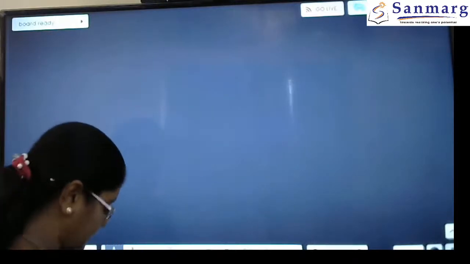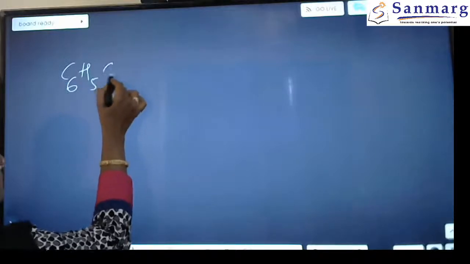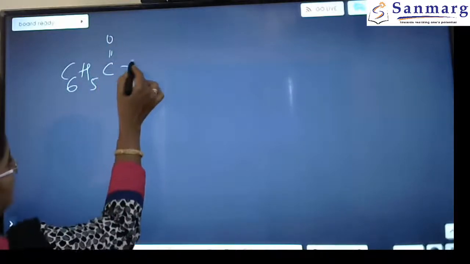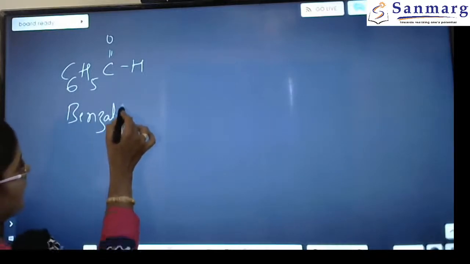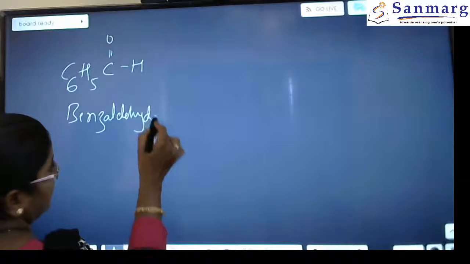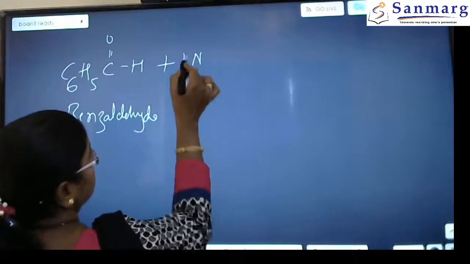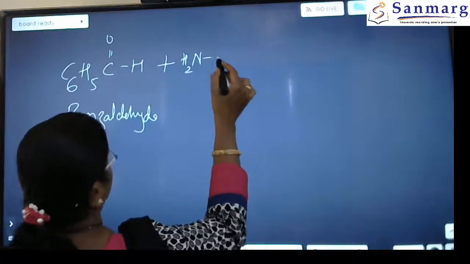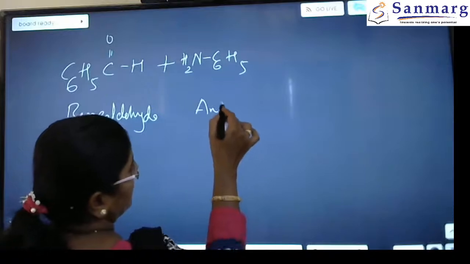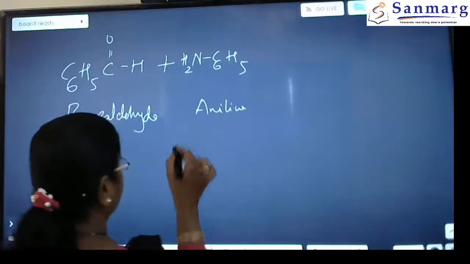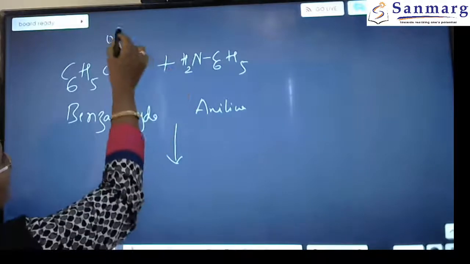I will write the reaction here. C6H5 C double bond O H, this is benzaldehyde, reacts with aniline, that is C6H5 NH2. What you get here is an elimination of a water molecule.